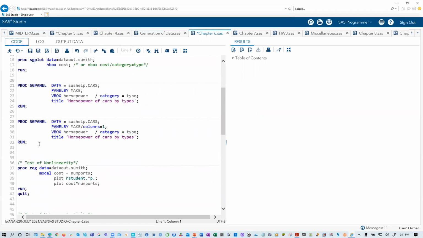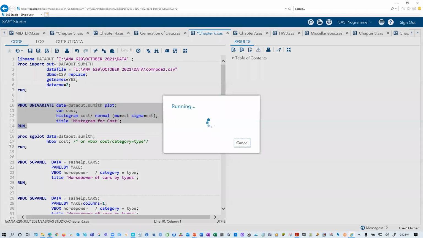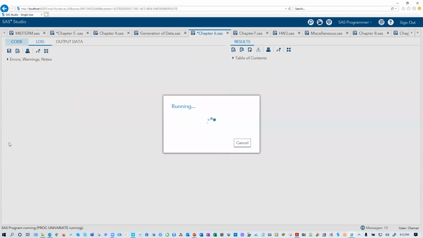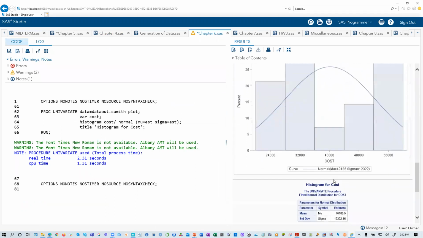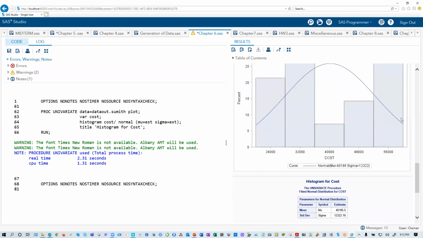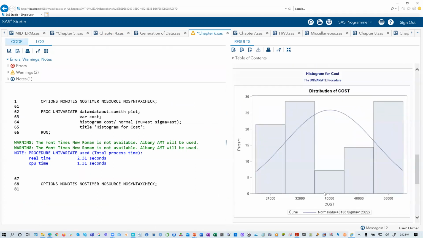Okay, we can talk about that some if you want. Look at univariate. I'm gonna run this one. And then I'm gonna draw a smooth curve on top of that one. See, if you want to get that, you have a histogram.